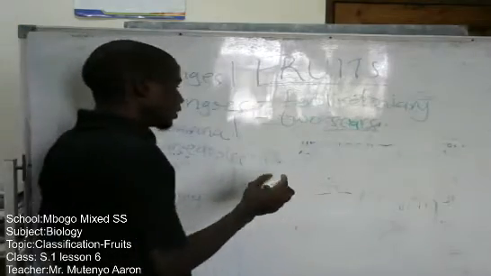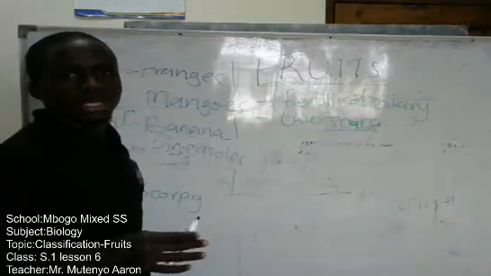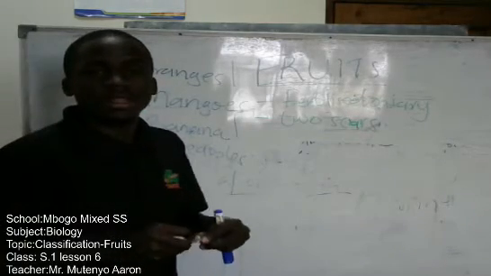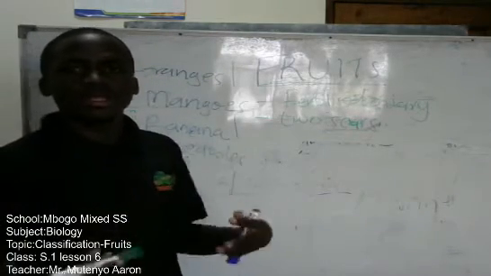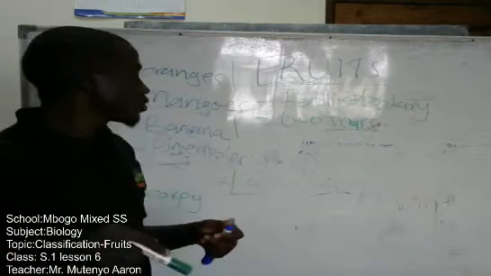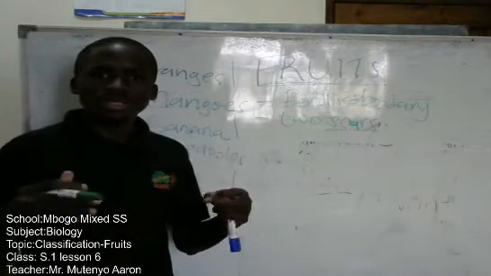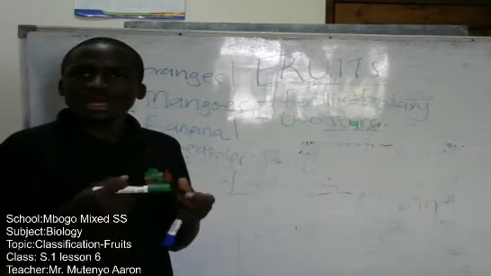When a fruit was still a flower, it had the style and then the stigma. When fertilization has occurred, at the end of the day, we are going to see that the style and the stigma have what are called remains.